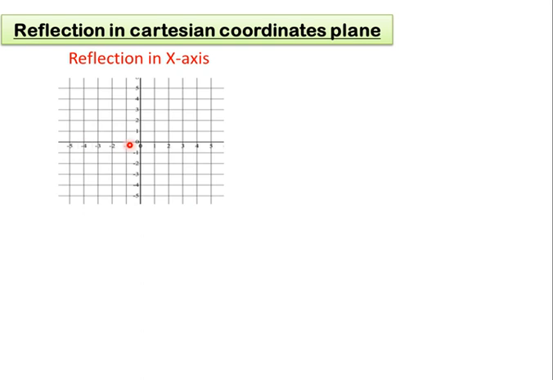I mean, make the x-axis a mirror. Then any point here, its image will be here. Why? Because we make the x-axis the mirror.